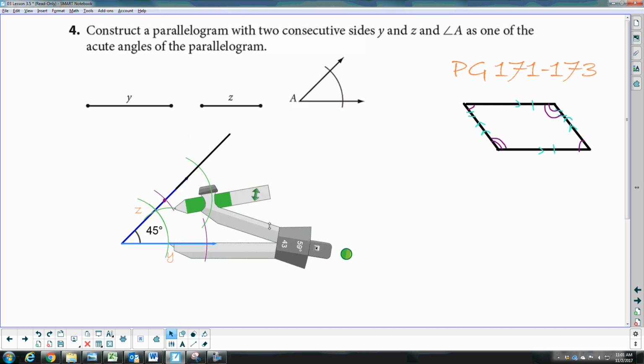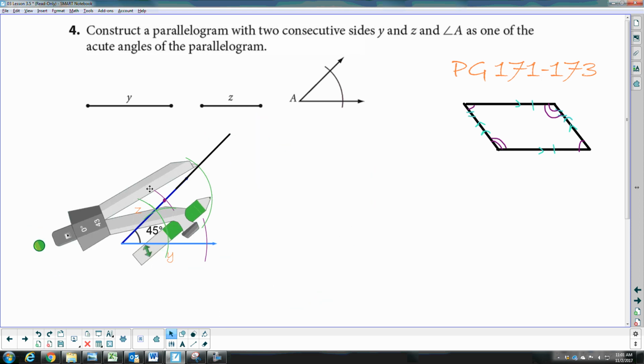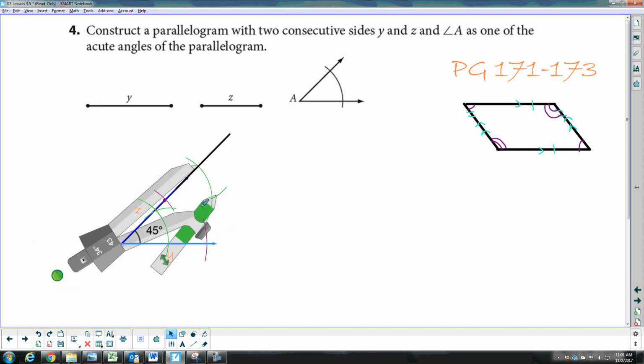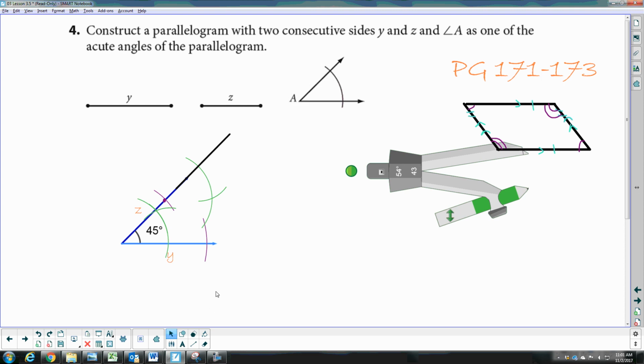And then I'm going to do the same thing from where my arc intersects with my transversal. Okay, so now I've got 2 points for my line.